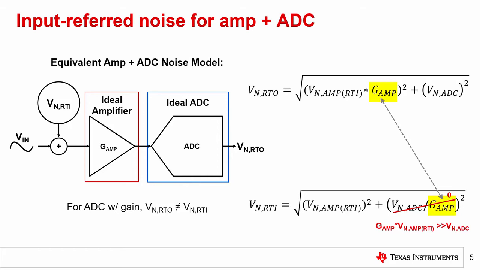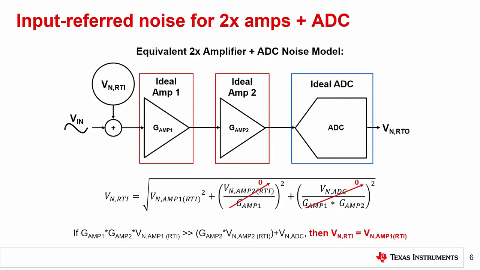Now let's analyze what happens if you add an additional amplifier to your signal chain. For example, what if you had a buffer plus a gain amplifier or a single-ended to differential conversion stage requiring 2 op-amps? If you add another amplifier to the signal chain, you combine all of the noise sources into one as before.